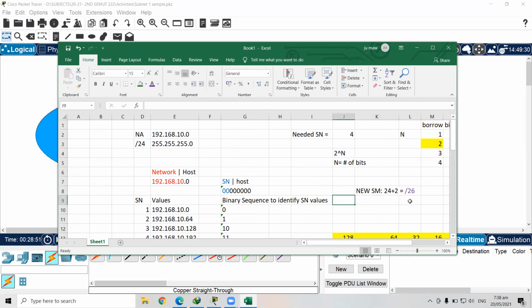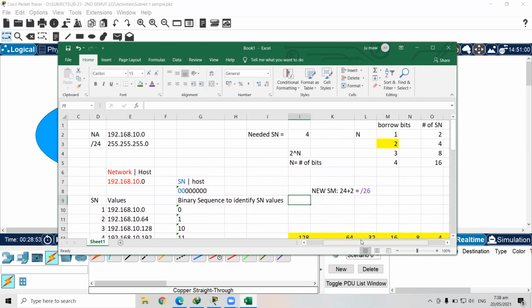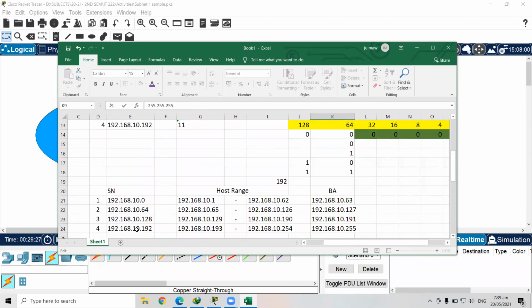So, /26 na yung new subnet mask ko. Kasi nga, the subnet mask identifies saan yung network portion, saan yung host portion. Pag series of ones, that is now the network portion. Pag series of 0, that is now the host portion. So in decimal, convert mo siya. So, yung 24, copy mo lang, 255.255.255. Ano yung last? Madali lang. Yung last value ng subnet mo.